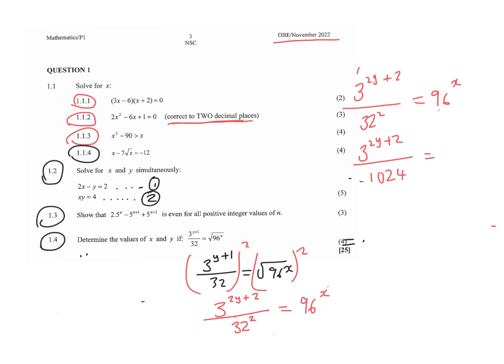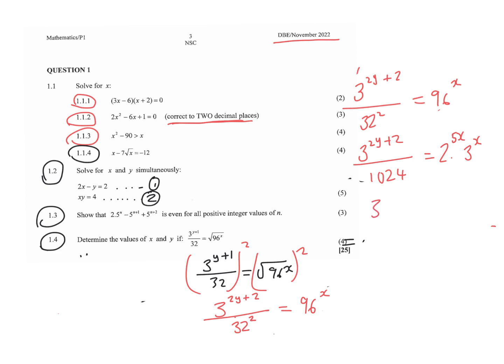My calculator here is acting up. So 96 can be broken into 2 to the power of 5x multiplied by 3 to the power of x.